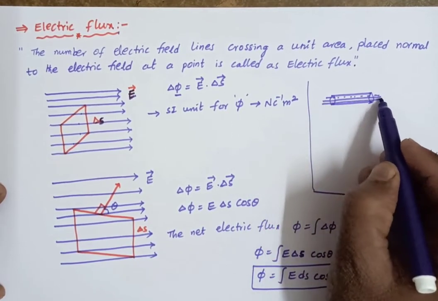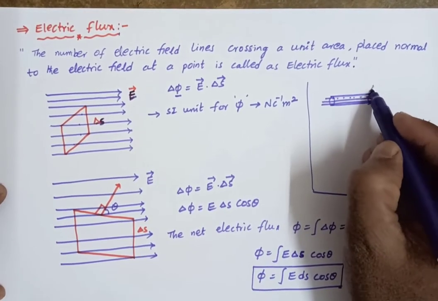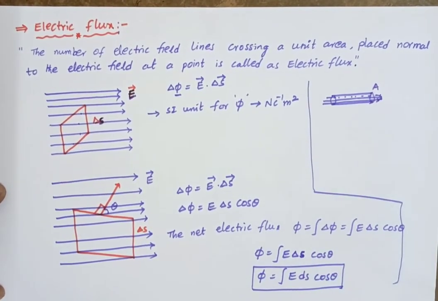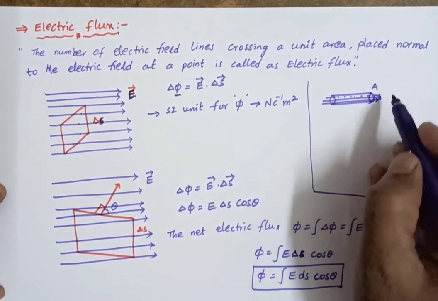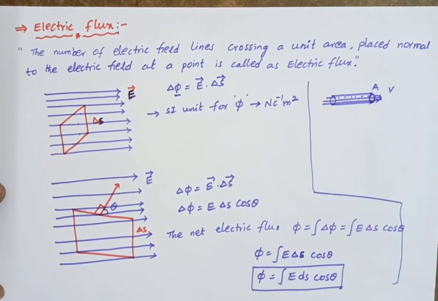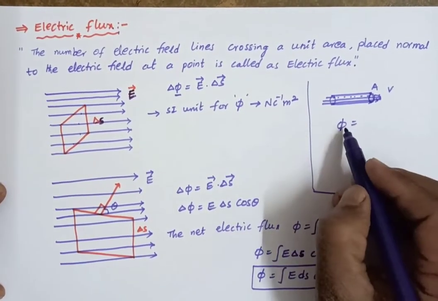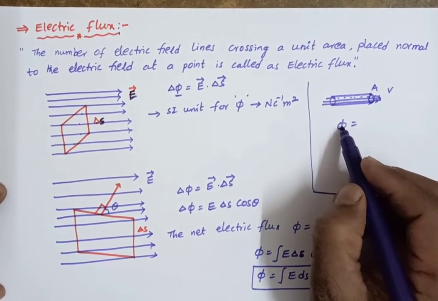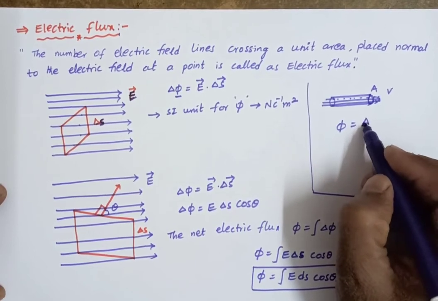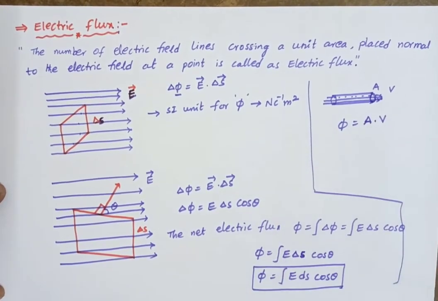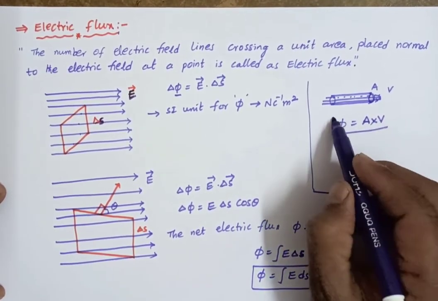The area of the pipe is A and the velocity is V. Then the water flux phi equals area into speed. So this is the water flux.